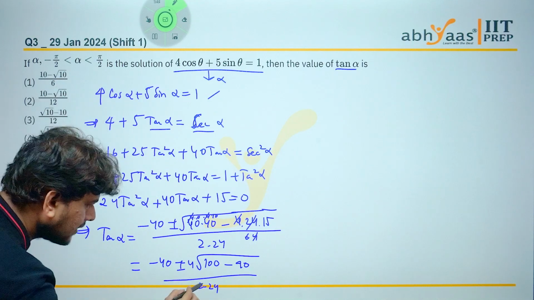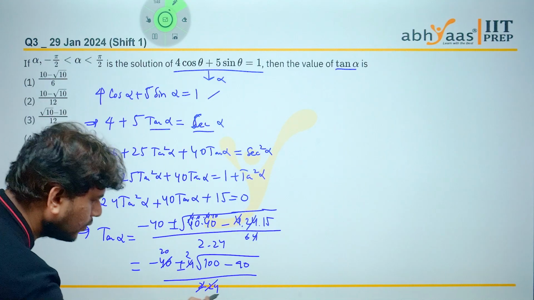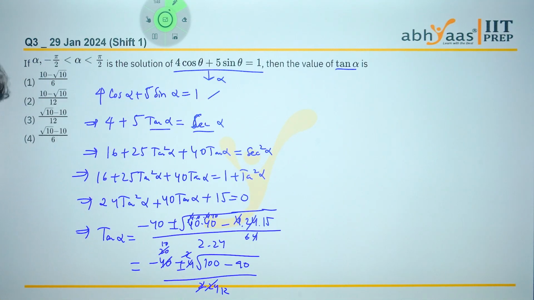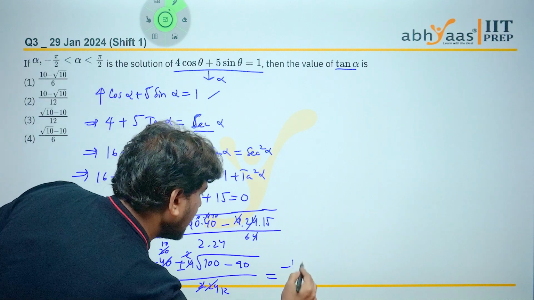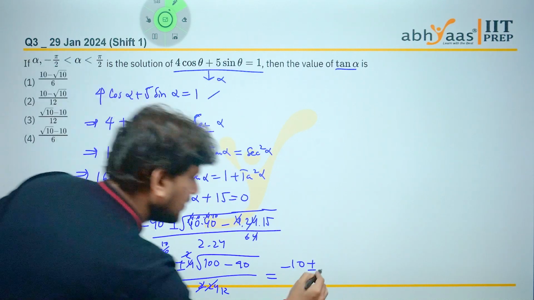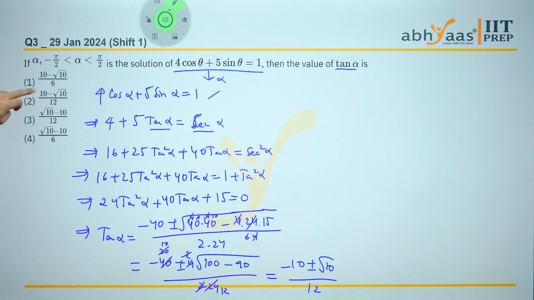Now we can cancel, and that equals minus 10 plus or minus root 10 by 12.